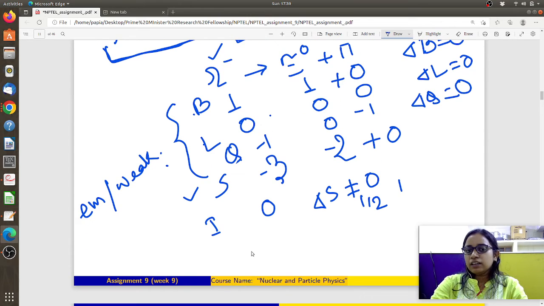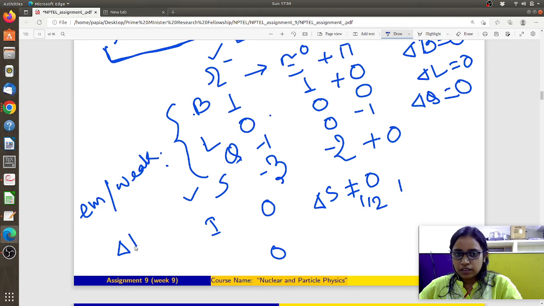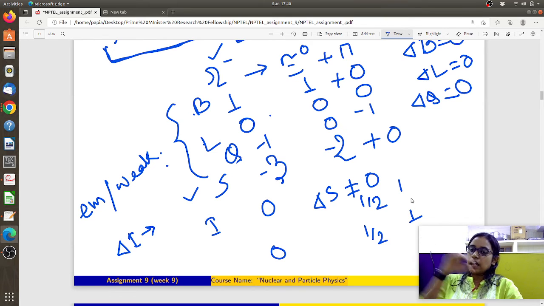Now coming to the delta I case. On the left hand side I equals 0, and on the right hand side I equals half and 1. As I already know, isospin is an additive quantum number, with vector addition.